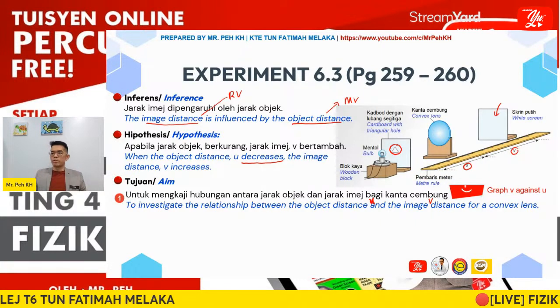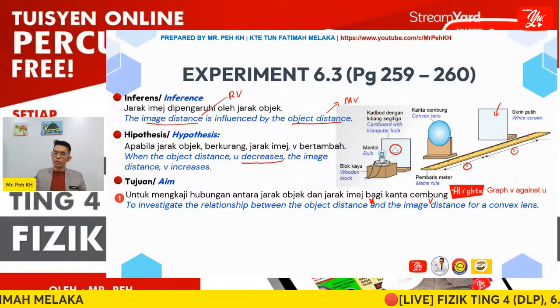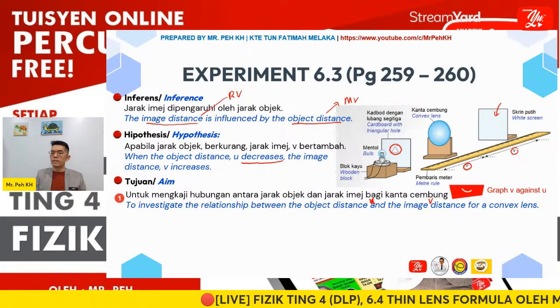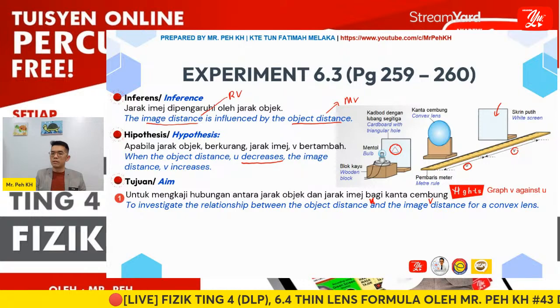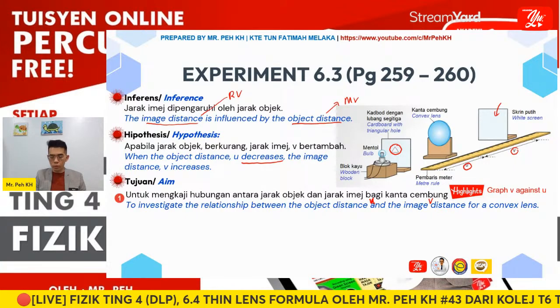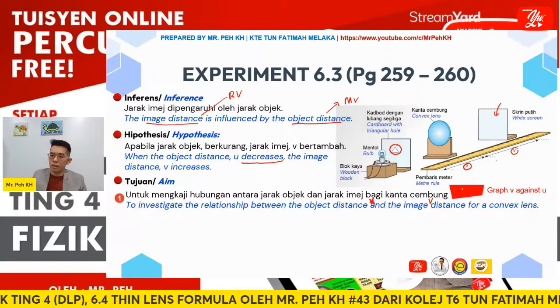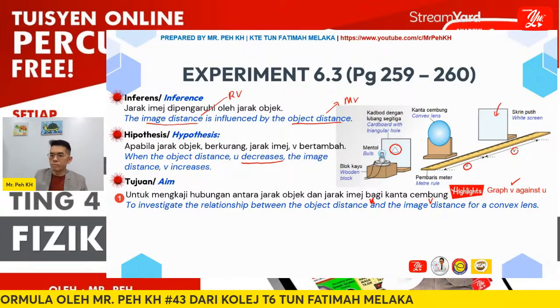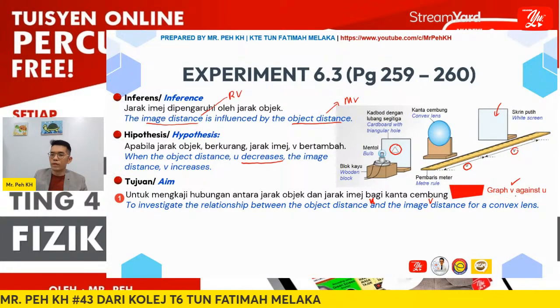In your textbook, you are going to draw the graph of 1 over V against 1 over U. Here we'll discuss another graph related to this experiment, which is the graph of V against U.